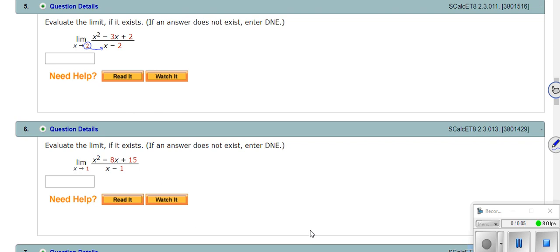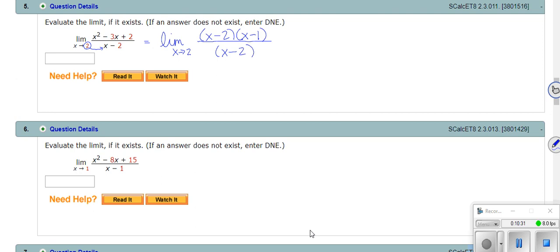So what do we do? The first thing you should always try to do is get rid of the denominator if you can. In this case, what jumps out at me is that I'm going to rewrite this as the limit as x approaches 2. I can factor the top. This factors to x minus 2 times x minus 1, and this is x minus 2 on the bottom.